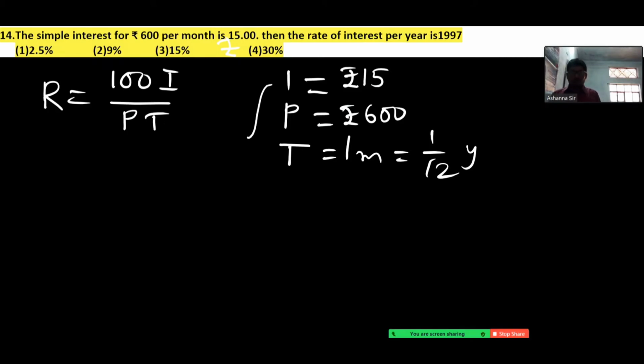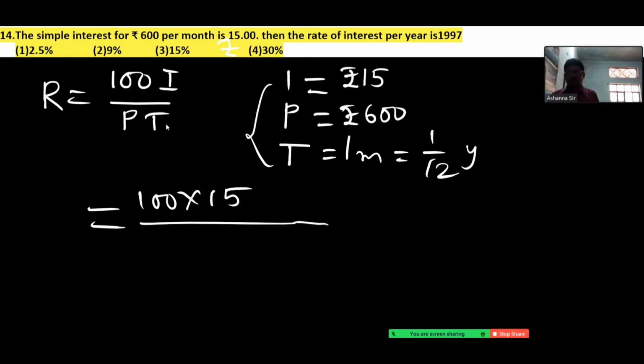Now we have to substitute these values in this formula. 100 into 15 by 600 into 1 by 12.